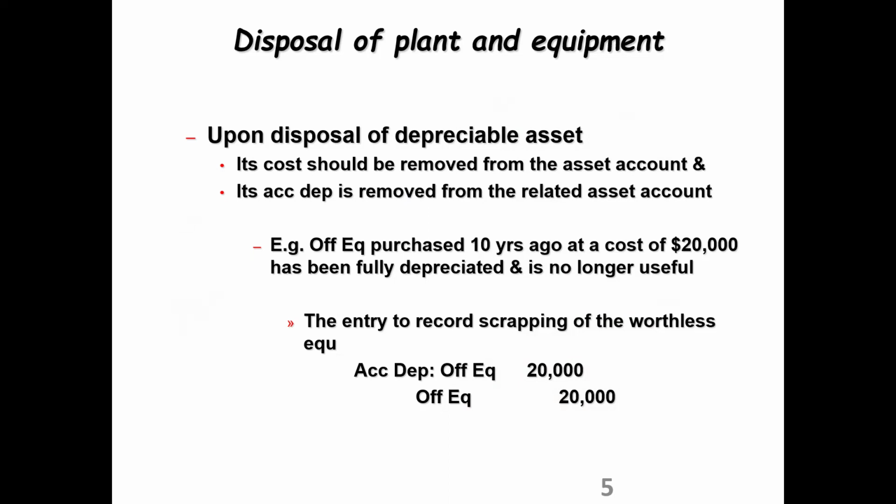This asset is of no more use. In that case, we debit accumulated depreciation of this equipment by 20,000 and credit office equipment by 20,000. This is how we record disposal of fully depreciated plant assets.